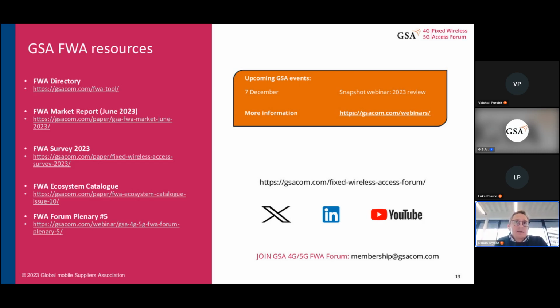So to finish off, I just want to touch a little bit on the forum and this slide, which is highlighting some of the resources available to members or associates of the forum and GSA. So we have the Fixed Wireless Access Directory, which was launched last year. We have the Market Status Report.